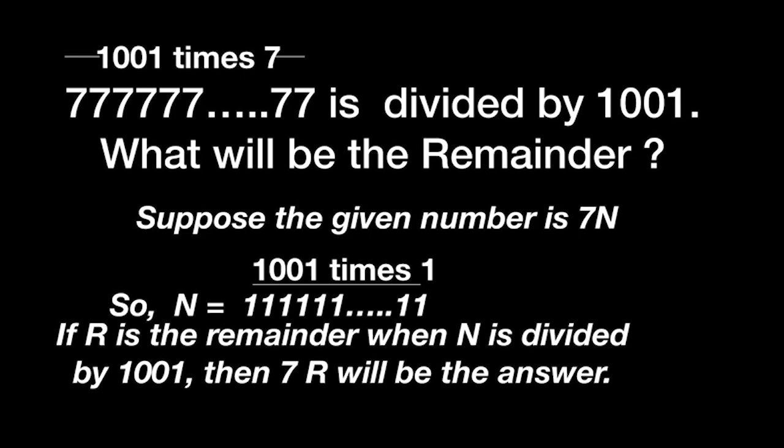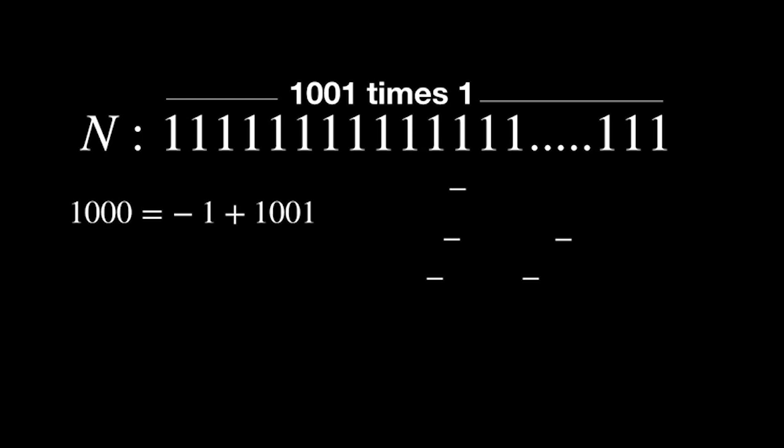That is, 7r will be the remainder of 7n. So 7r will be the answer. So now we can first find out the remainder for 1001 ones, so suppose n is like this, 1001 times 1, and the number is divided by 1001.